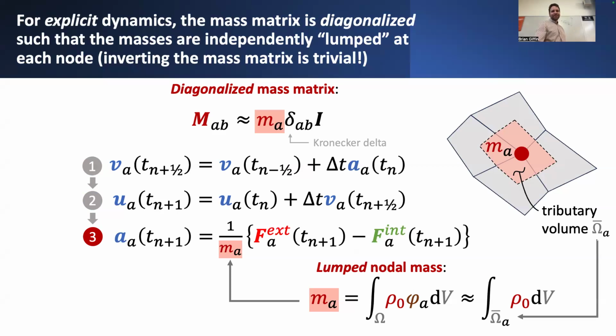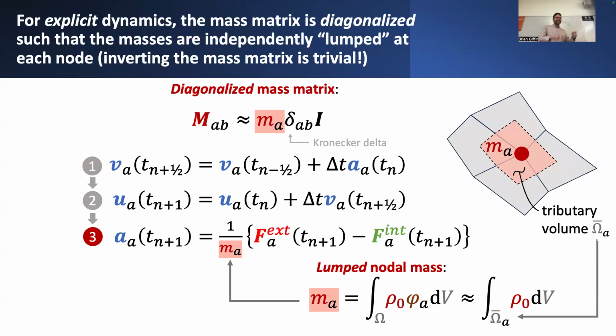So imagine I had this particular node. It's attached to these four elements. Effectively, this area that's shaded in light red is the tributary area or tributary volume surrounding that node. If I wanted to determine the lumped mass associated with this node, all I have to do is compute the volume enclosed in that red square, and then give it all to that one node. That's more or less what we do when we're doing this lumped mass procedure.